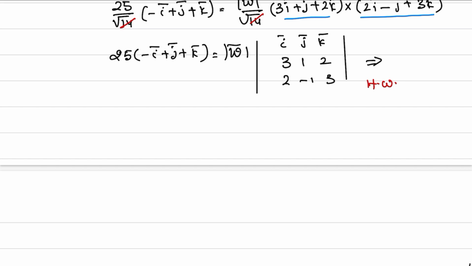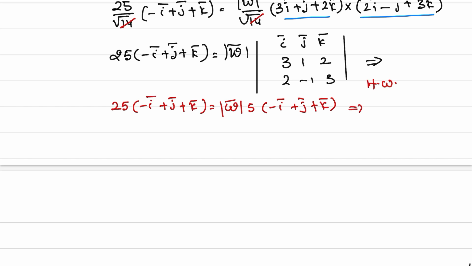This yields the result 25 into minus i plus j plus k is equal to omega into 5 into minus i plus j plus k. That shows the magnitude of omega is equal to 5. The magnitude of omega is 5.